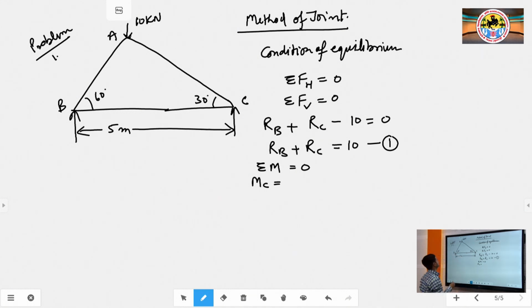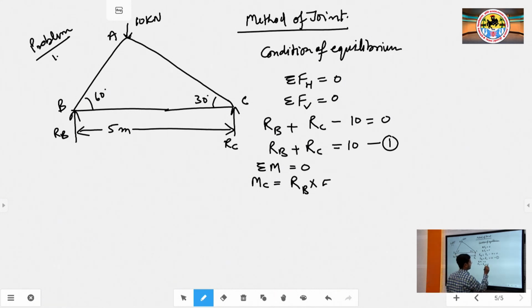Let us take here it is R B, here it is R C. R B gives a moment about point C, that is R B into the perpendicular distance from point C. So, the perpendicular distance of this reaction from point C is how much? It is 5.